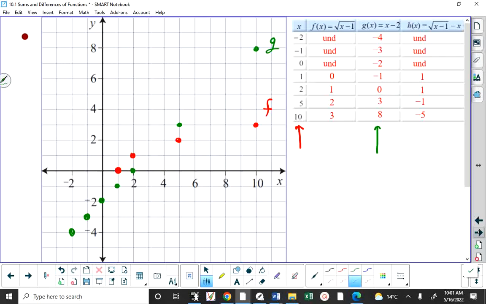So let's take a look at plotting. We're going to use brown here. Let's take a look at plotting this point, which is at 1 comma 1. The x coordinate on h is 1 and the y coordinate is 1. So we're going to plot that point.